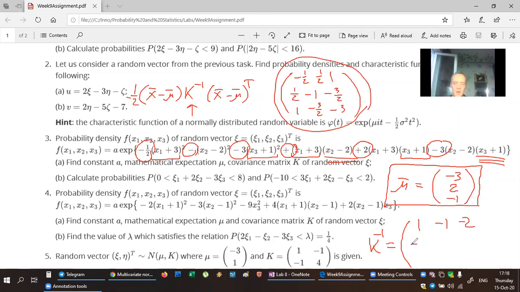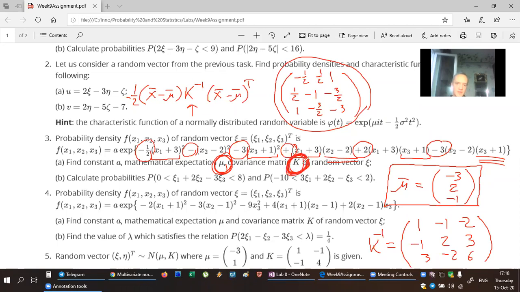So here it will be minus 1, 2, 3. Here 3, minus 2, 6. So here we have matrix K in the minus first power. So what do we already know? We already know mu. And now we can calculate matrix K.